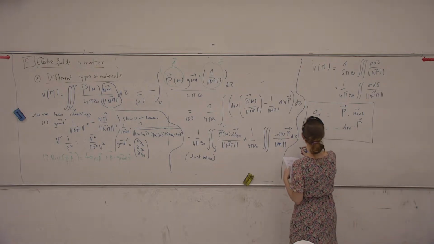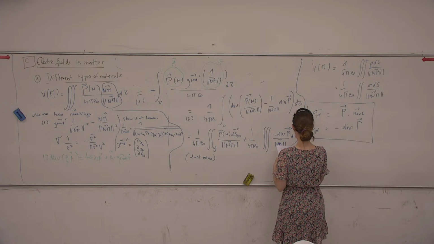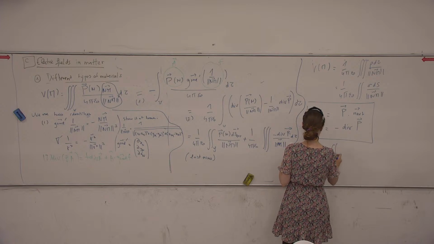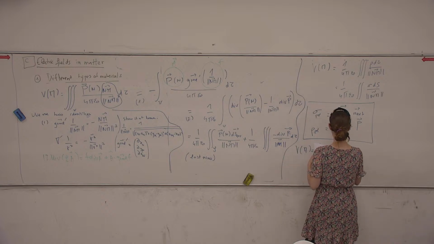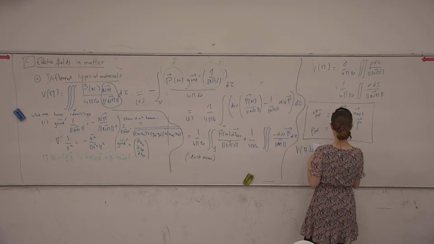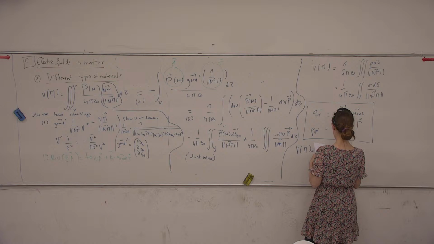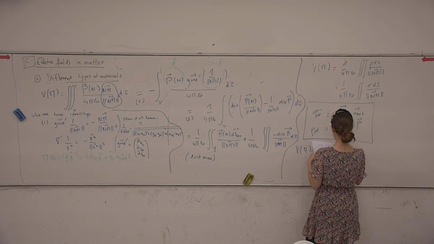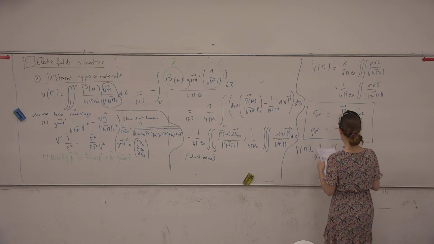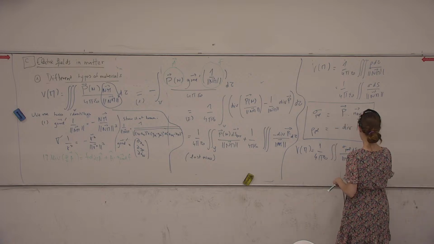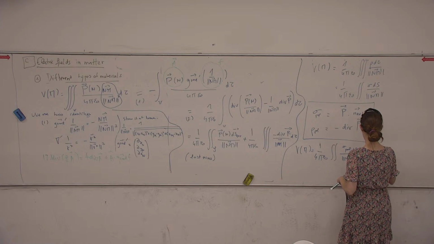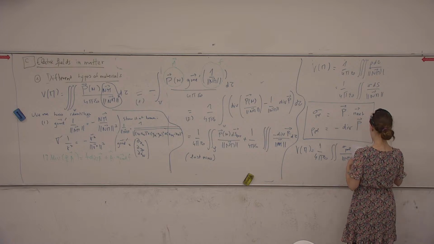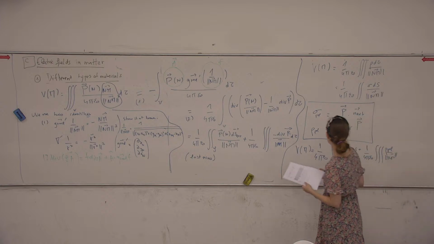So V at M in this context is equal to 1 over 4 pi epsilon 0 times the integral of sigma_pol over distance NM dS plus the volume term.